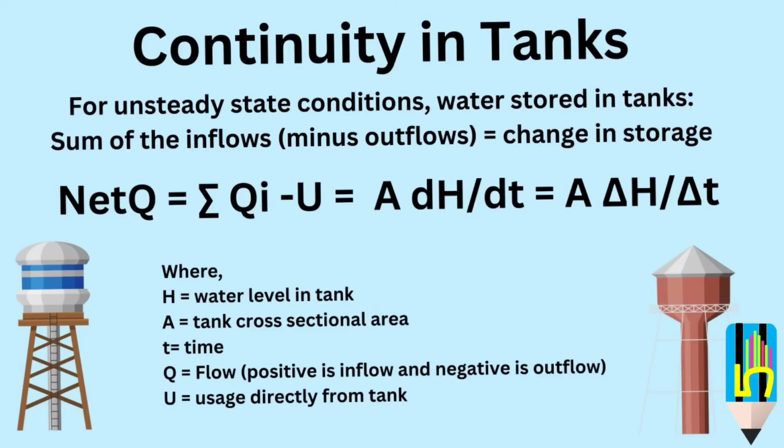Now this principle simply talks about what happens to the tank with respect to the network. So if we have a total inflow of, let's say, Qi, that is positive inflow in the network, and the total negative inflow or outflow usage is U, then the difference between the two will give the volume shrunk in the tank, and that will be given by the height change in the tank multiplied by the area.